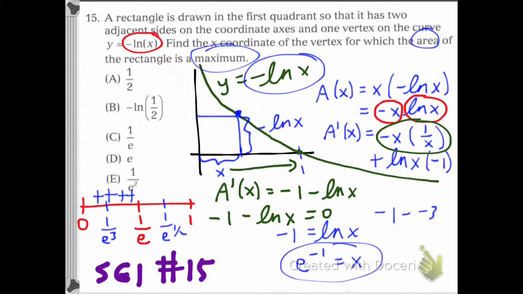If we replace x with e to the negative 1 half, then we get negative 1 minus ln of e to the negative 1 half, so negative 1 plus 1 half, and we'd get a negative number, negative 1 half. So just to reiterate, 1 over e is the value of x that would maximize the area. There you go.